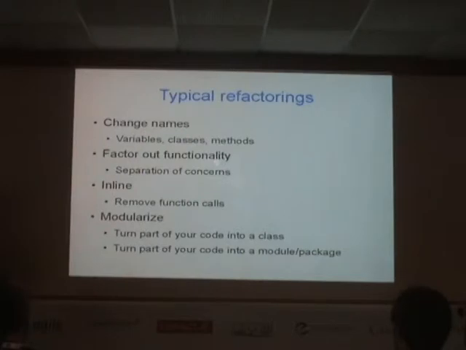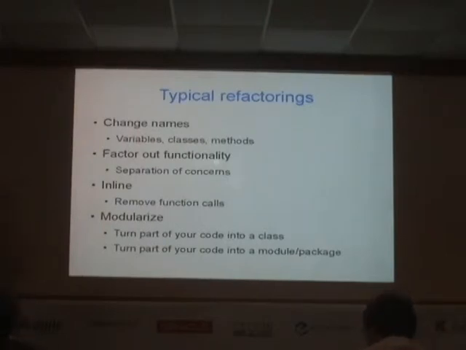You can do changes like factoring out some functionality. You have a function which does two different things. Well, then you should separate those things. So you have two functions instead. Sometimes you've gone too far with this. So you have calls to getters and setters or something like that, which you don't really need.